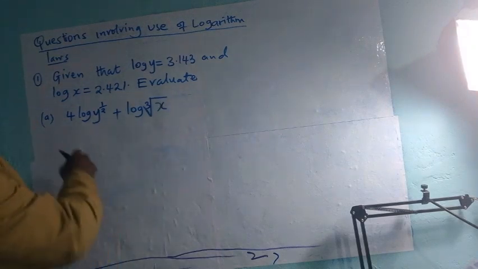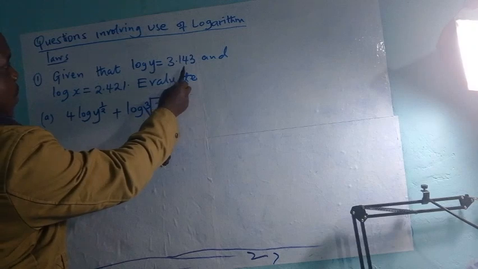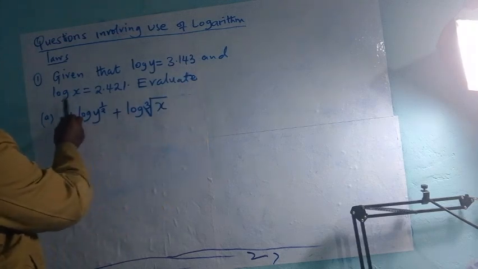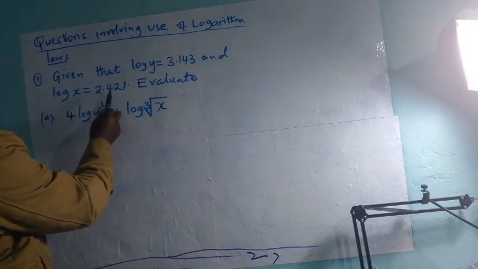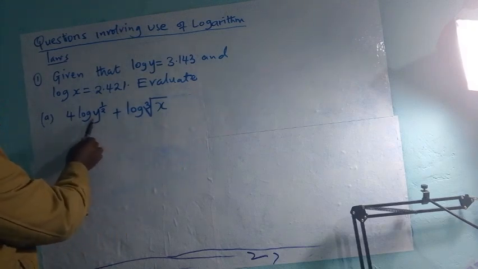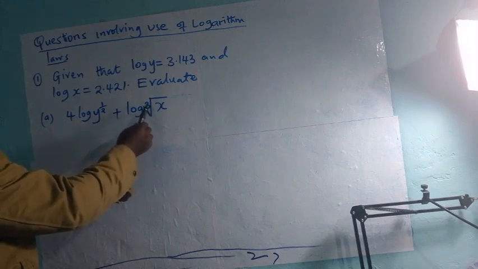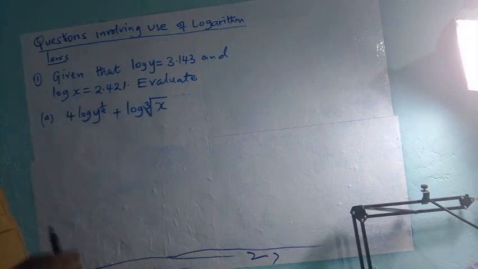Now we have question 4, given that log y is equal to 3.143 and log x is equal to 2.421, evaluate (a) 4 log y raised to power a half plus log cube root of x.